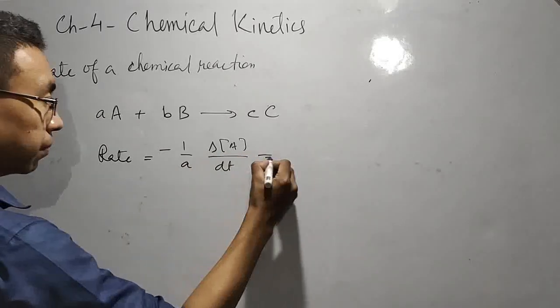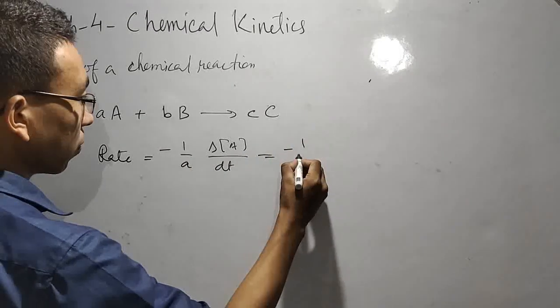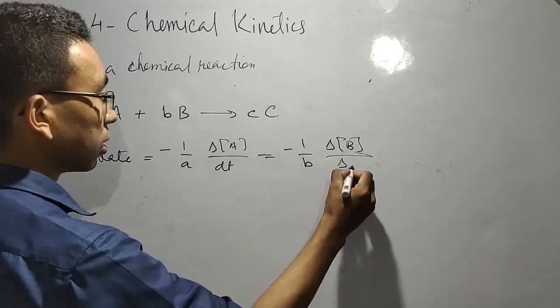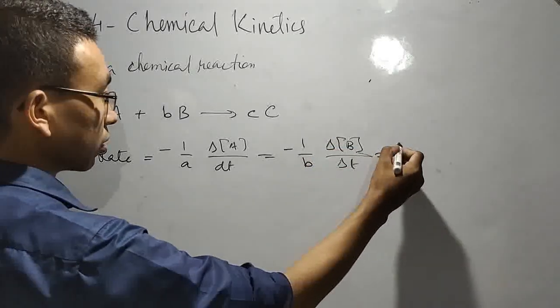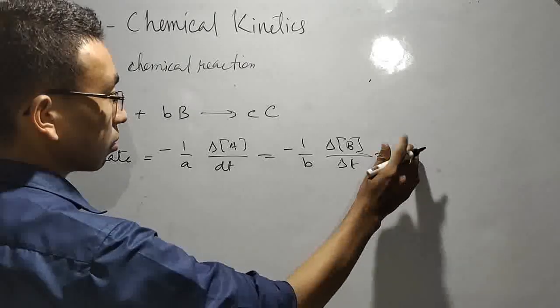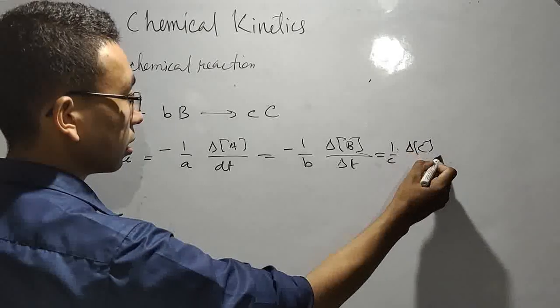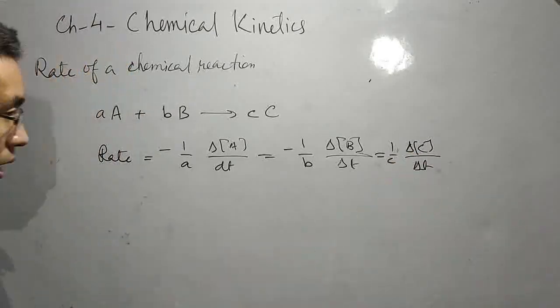This one will be minus 1 by b, delta B divided by delta T, which is also equal to 1 by c, delta C divided by delta T.